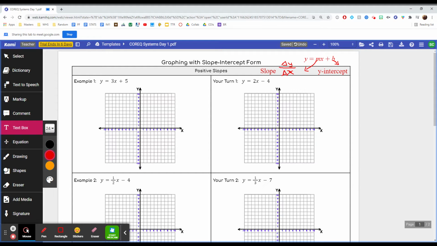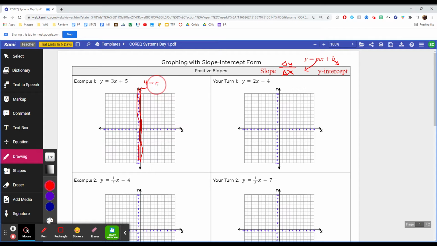Okay, looking at a coordinate plane, we have the y-axis, which is the vertical line, the line that looks like it's standing up. So this is our y-axis. The y-intercept will always go through this line.